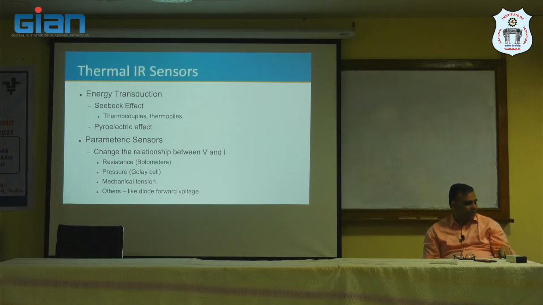Now, the way we design IR sensors is, in the case of visible sensors, we have kind of standardized our design now. It's silicon based, few transistor pixel circuit, and we have a fairly standard approach of designing them. In infrared, that has not been the case, because there are different ways of measuring infrared, and a large number of physics based effects which happen here.